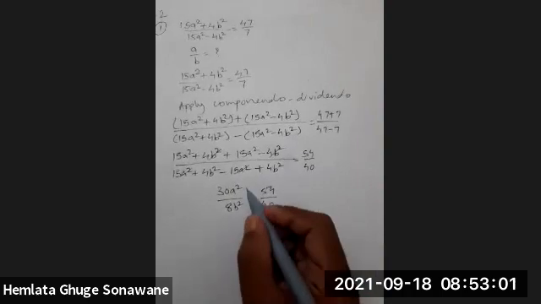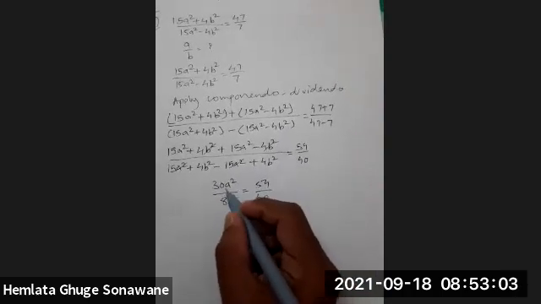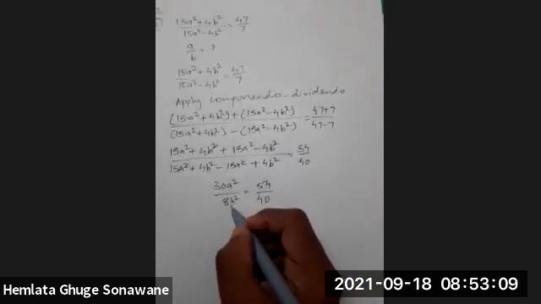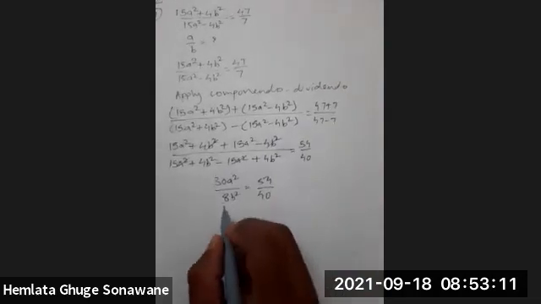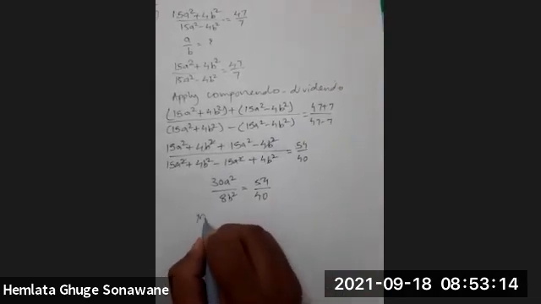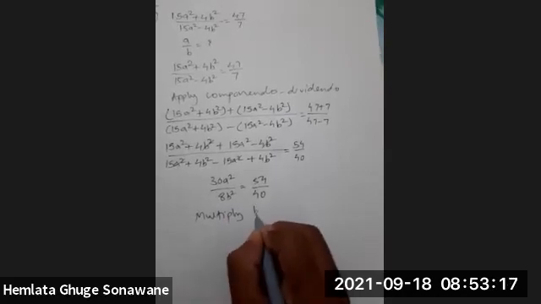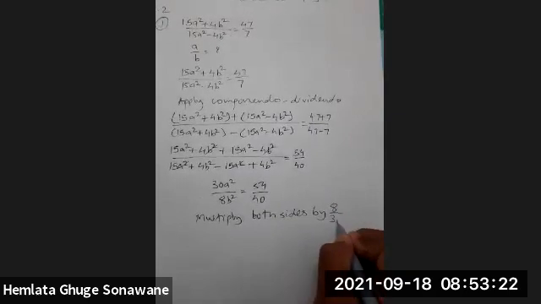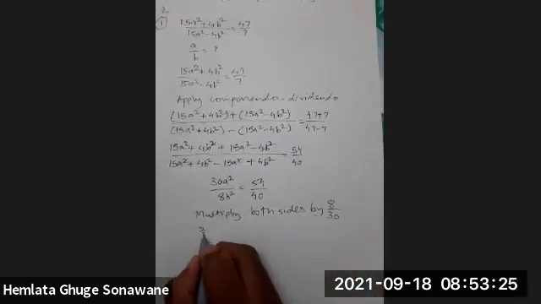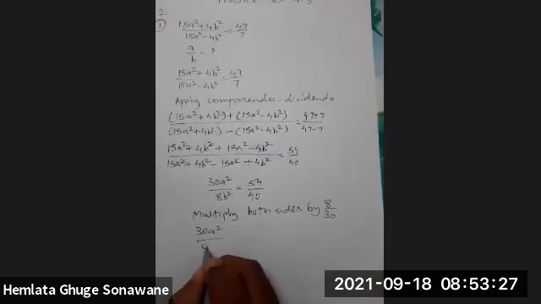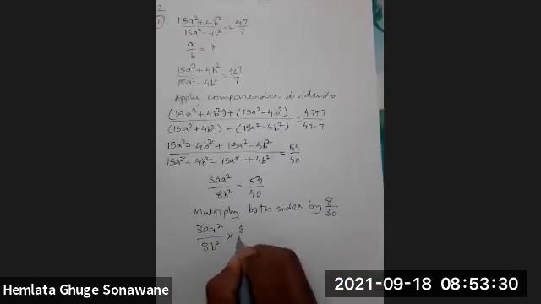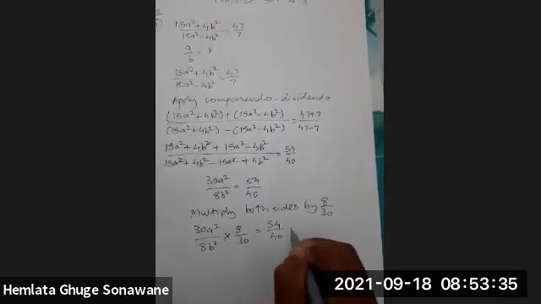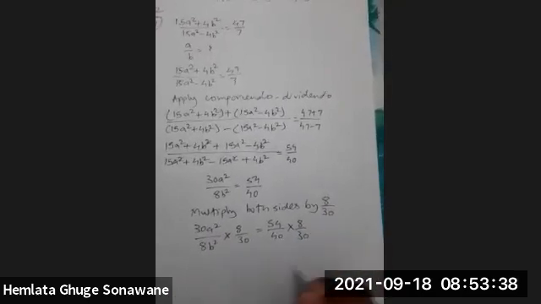Okay, now we have to find out the value of a. So here we'll multiply both the sides by 8 upon 30 so that 30 and 8 get cancelled. So it becomes 30a square upon 8b square into 8 upon 30 is equal to 54 upon 40 into 8 upon 30.